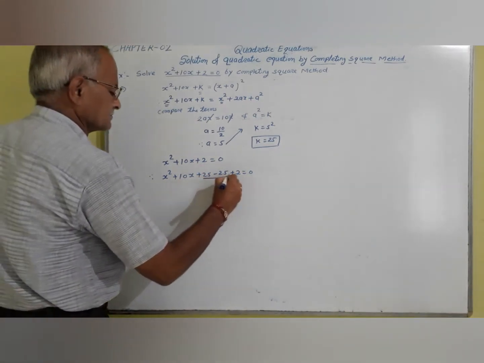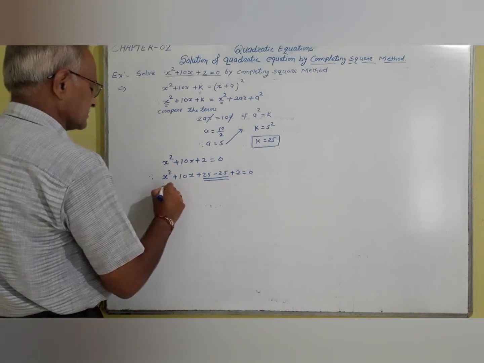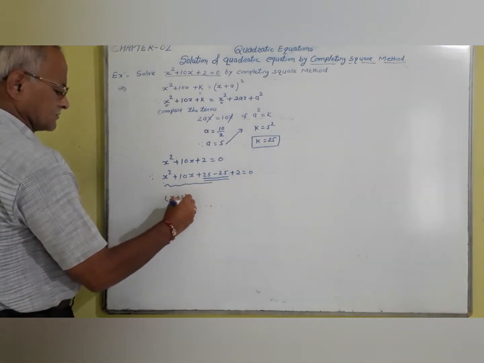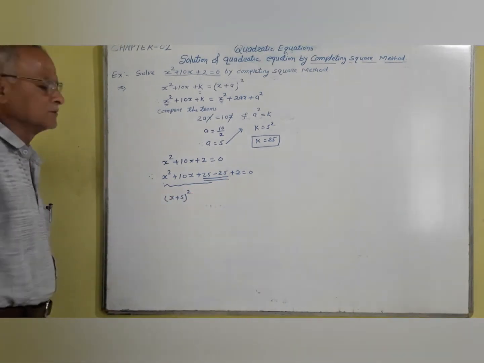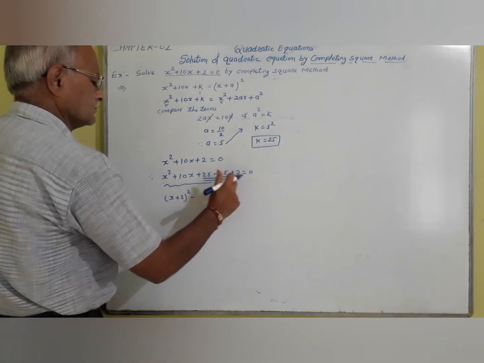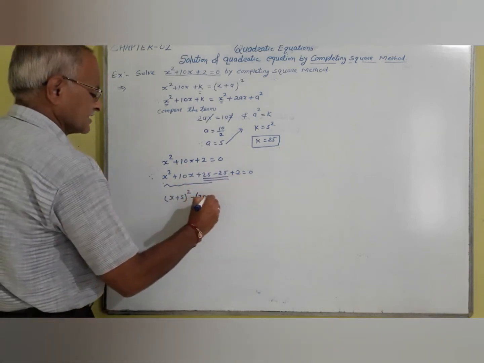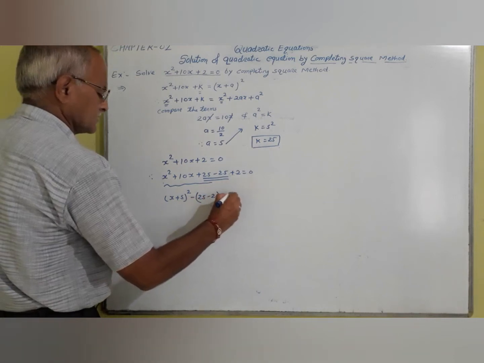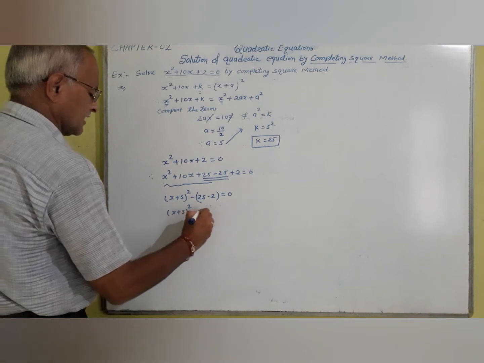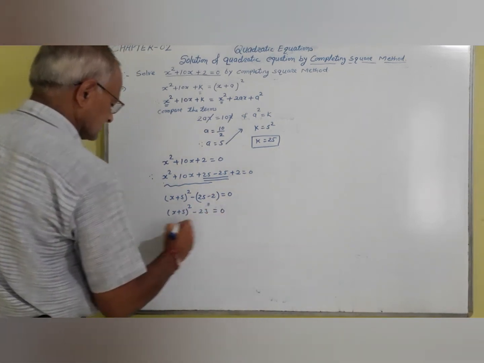Now these first three terms are a perfect square, x plus 5 whole square, minus 25 minus 2. Minus is taken as common in the bracket, 25 minus 2 is 23. Therefore, x plus 5 whole square minus 23 is equal to 0.